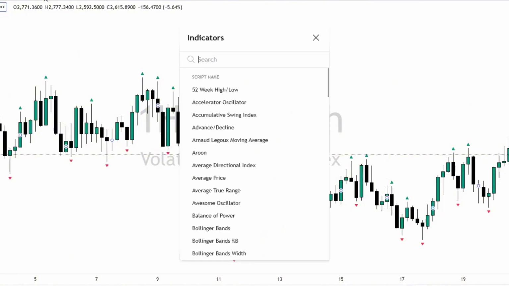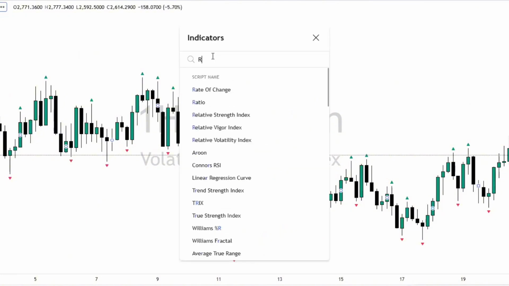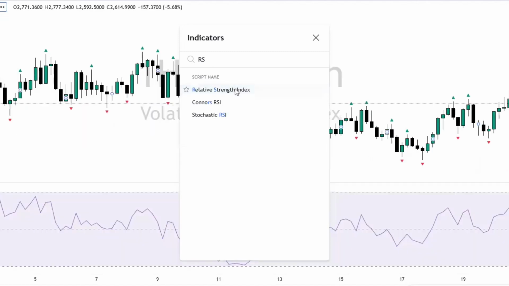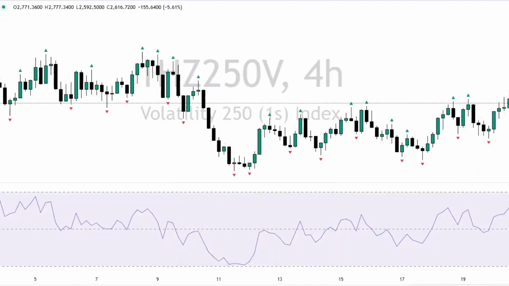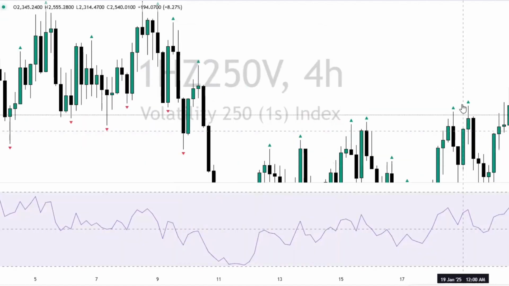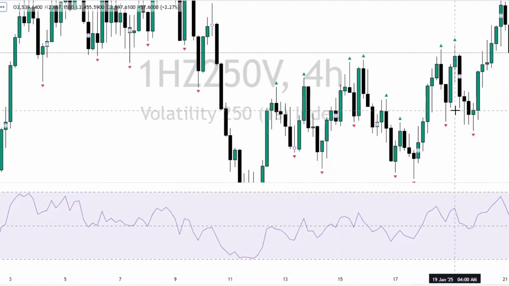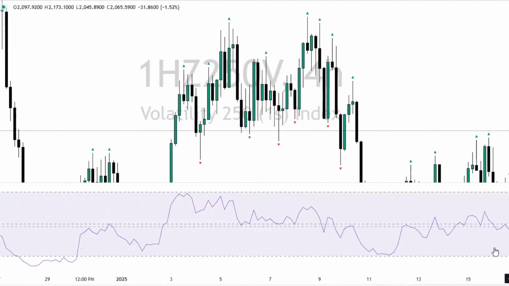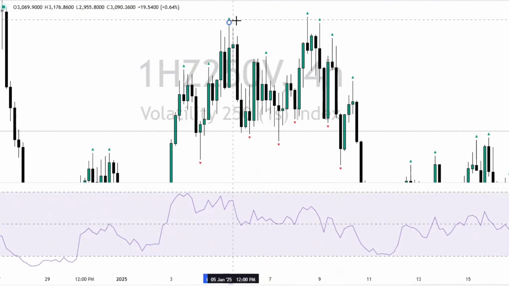So let's add our RSI, Relative Strength Index. This is it here. So this is our Relative Strength Index. And for instance, you can see that we have highs. We have a high. We have another high here.